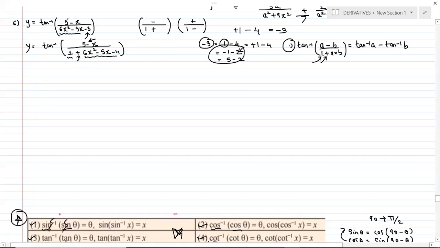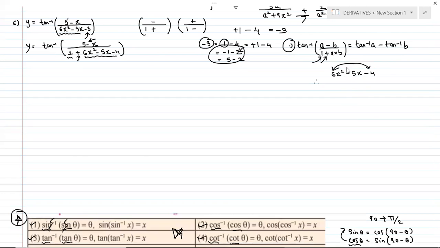Now I will take this quadratic expression separately and solve it using splitting of the middle term. Now we'll see what you get. Here the product is 6 into minus 4, that means the product is minus 24.